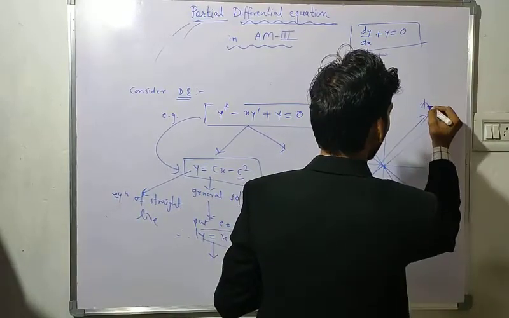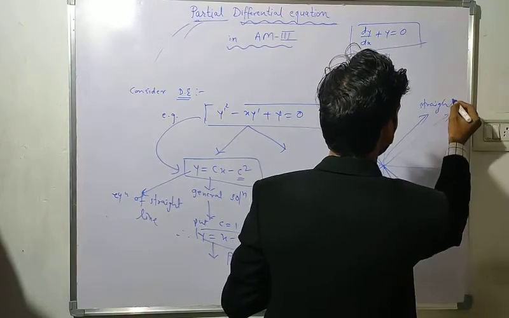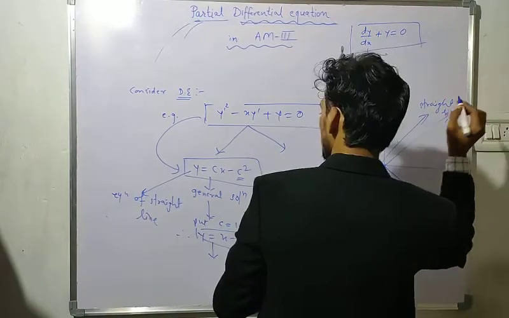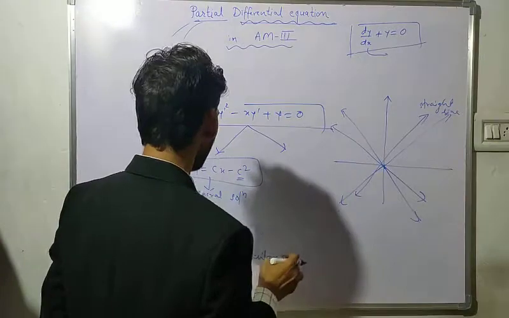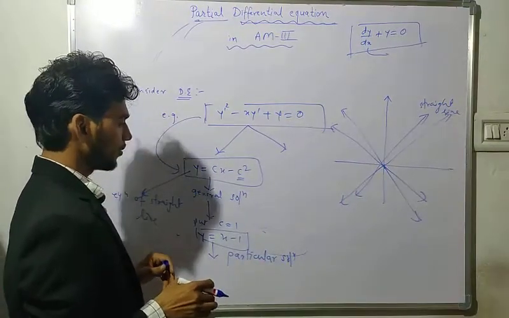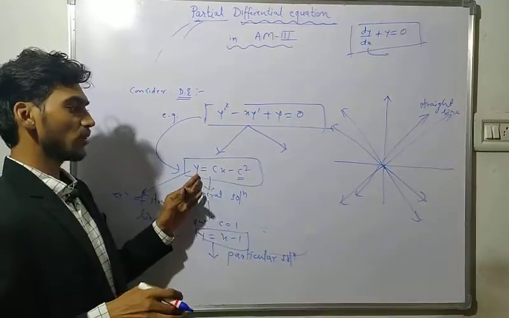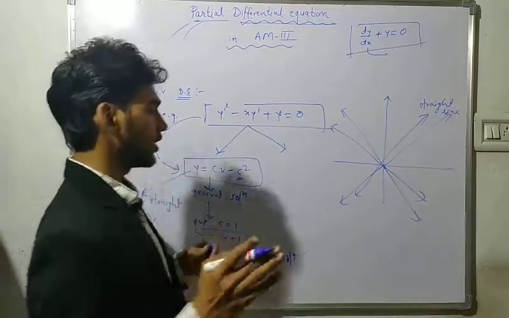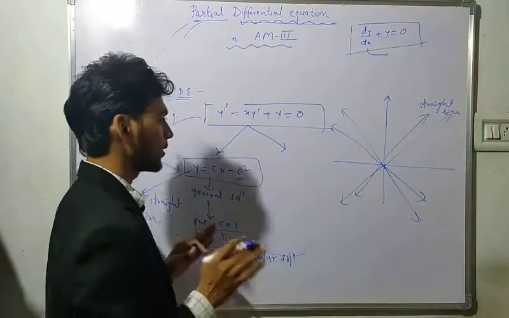So these are the straight lines. When we take the constant equal to 0, it is y equal to mx passing through the origin. Okay, so that is also a condition.